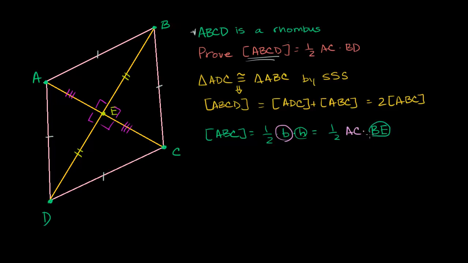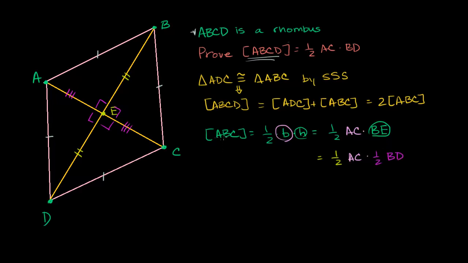Or we could say BE is the same thing as 1/2 times BD. So this is equal to 1/2 times AC, that's our base, and then our height is BE, which we're saying is the same thing as 1/2 times BD.